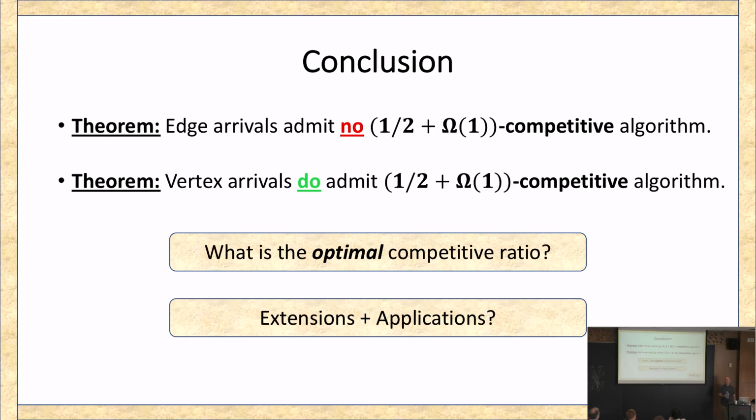Other questions? Maybe I should have solicited them earlier. Pravesh, yes. So one final question. Is it known, so maybe you answered this already, but the LP that you wrote for vertex arrivals, is 0.526 the integrality gap of that LP? Is it the best possible thing we could obtain there? So the LP itself is still the same fractional matching LP.